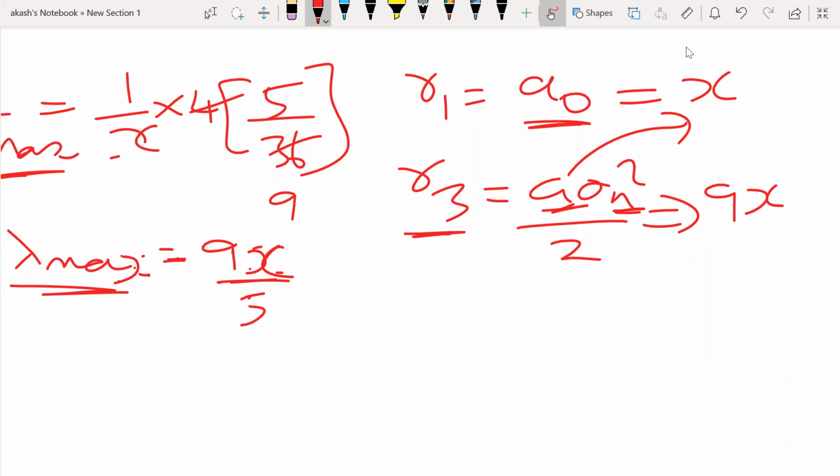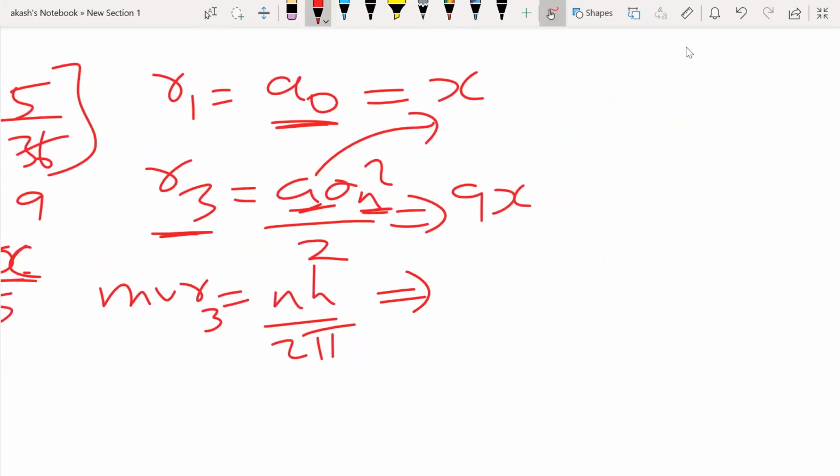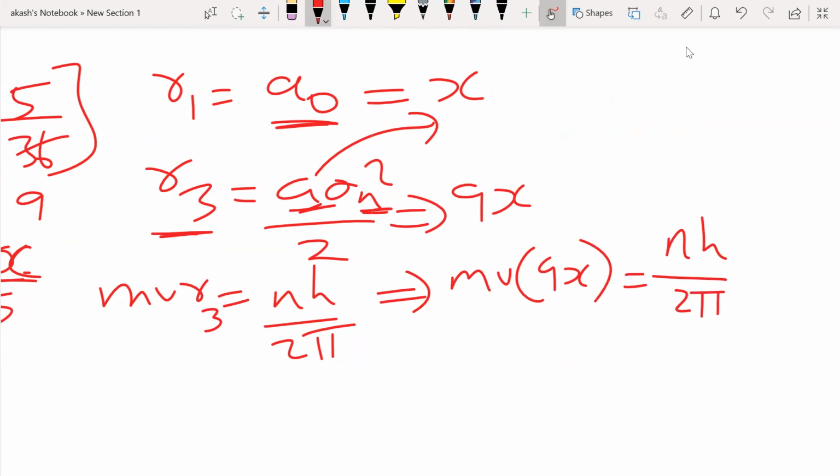Okay, fine. Now, if I use mvr is equal to nh by 2 pi, you have to substitute the radius of the third orbit here. So basically, I have mv into 9x is equal to nh by 2 pi. Now, for the lambda equation, I'm going to have h divided by mv.